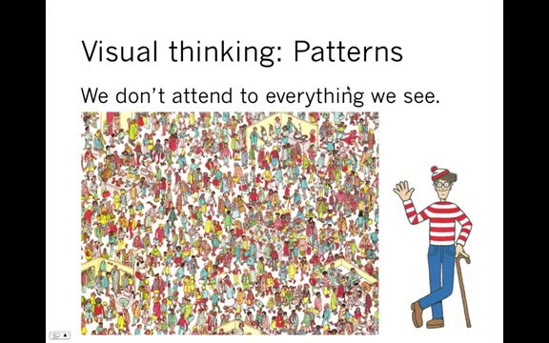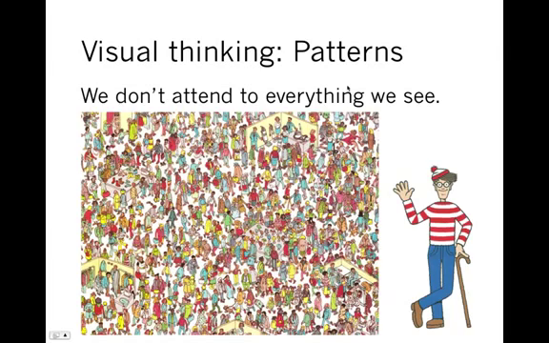Okay, so we've talked about what is information visualization. Now I wanted to talk about what is visual thinking, which is a critical concept for creating effective visualization. The first thing I want to talk about is patterns. Well, first of all, we need to know that human beings attend selectively, meaning that we don't attend to everything we see.